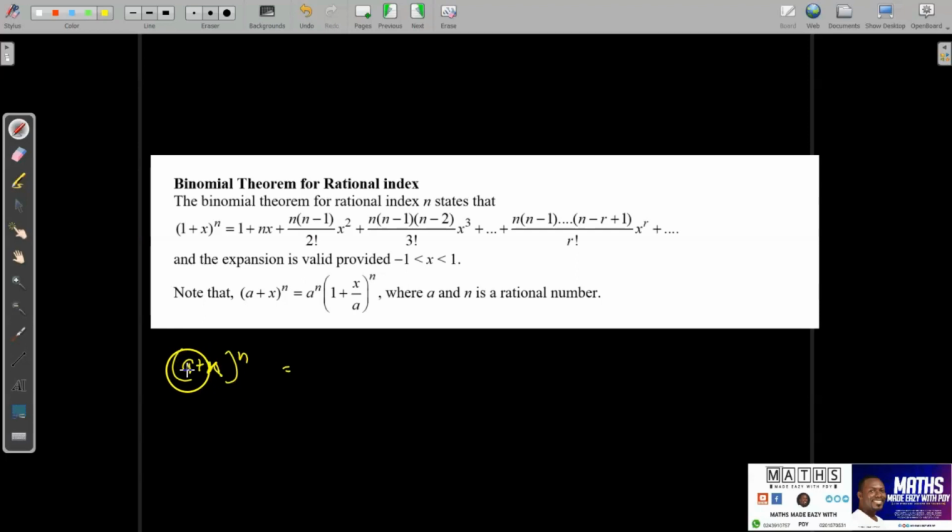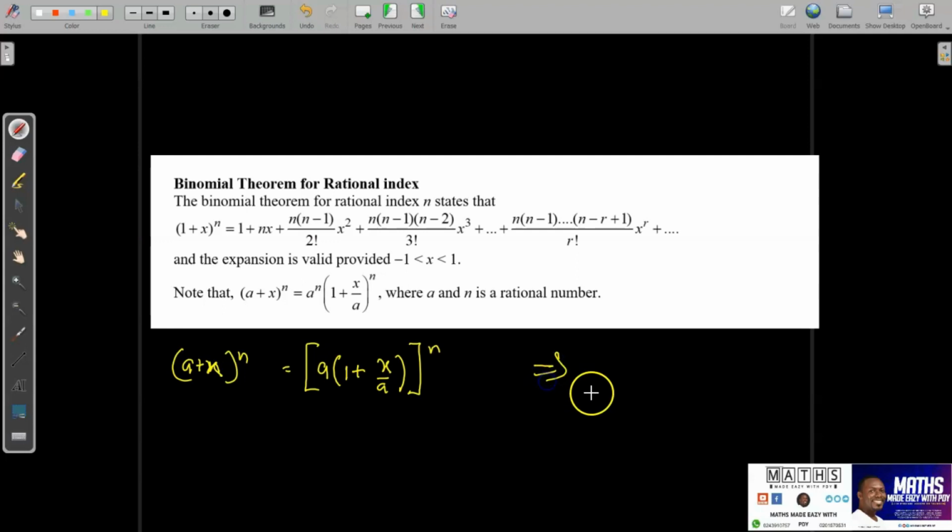Because we want the a to become 1, we can factorize the inner term and write it as a into bracket 1 plus x over a. So a multiplying 1 will give me a, then a will multiply x over a to give me x, so that when the a expands through to multiply this, it will be left with only the x. Then I close the bigger bracket and raise it all to the power n.